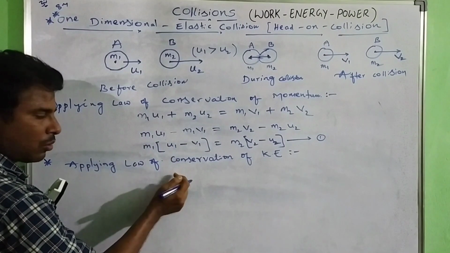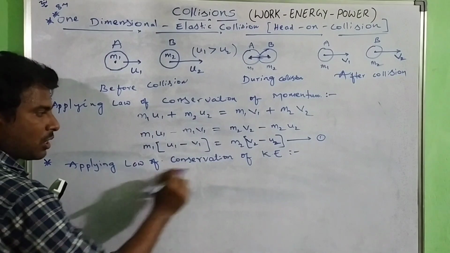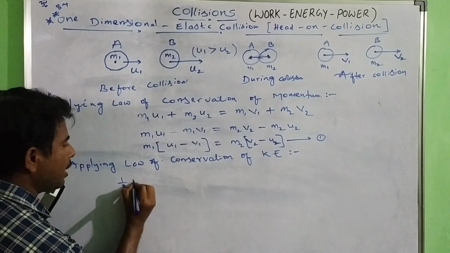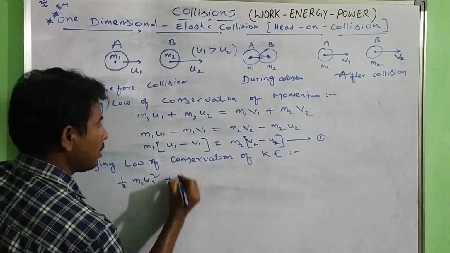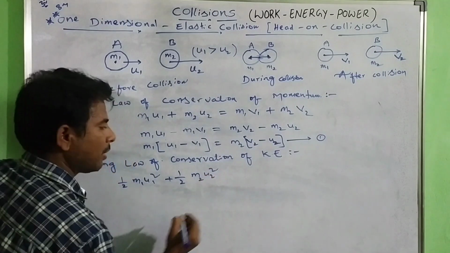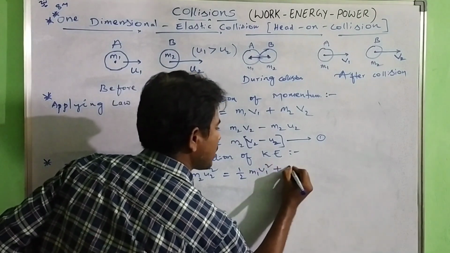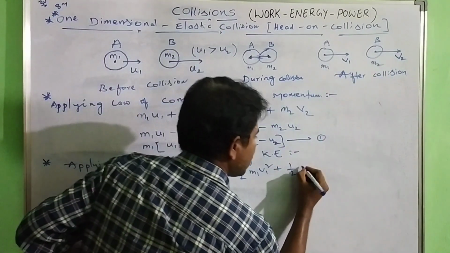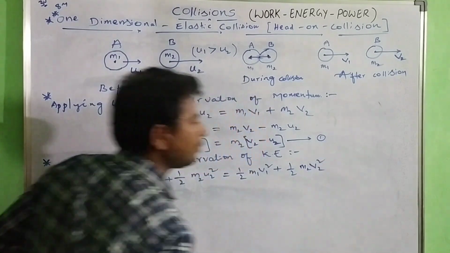In a similar way, total kinetic energy before collision equals total kinetic energy after collision: half m1 u1 square plus half m2 u2 square equals half m1 v1 square plus half m2 v2 square.